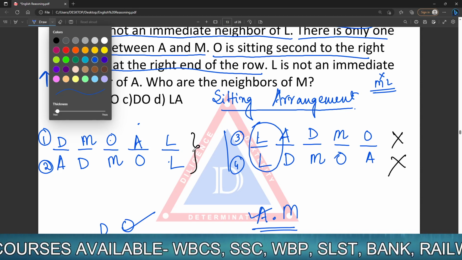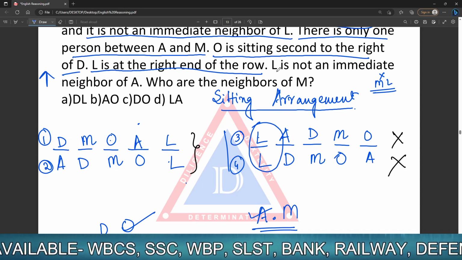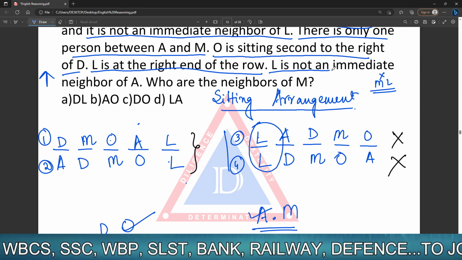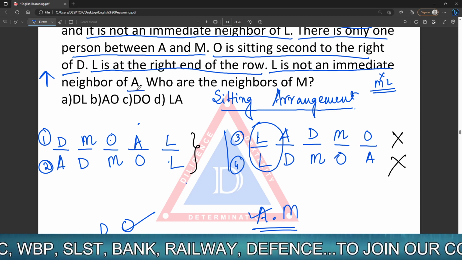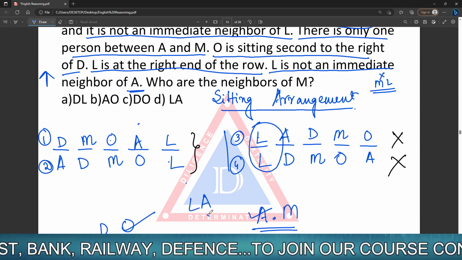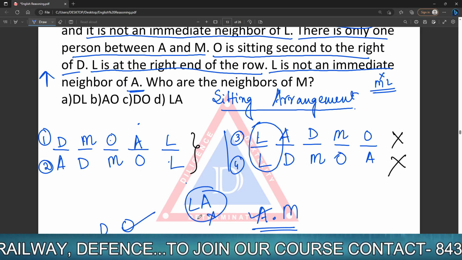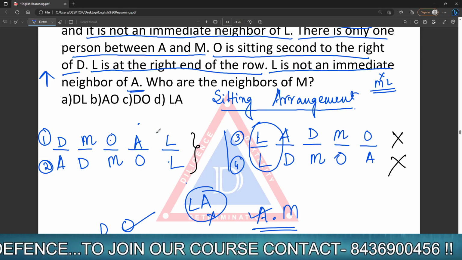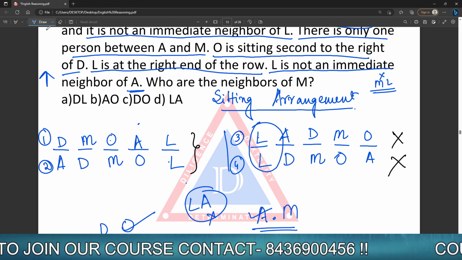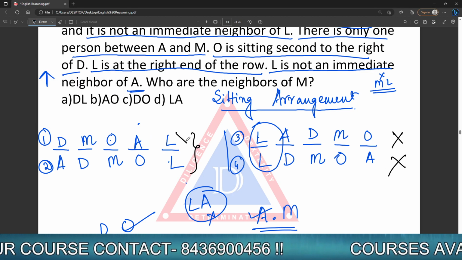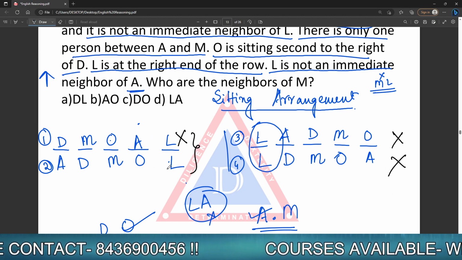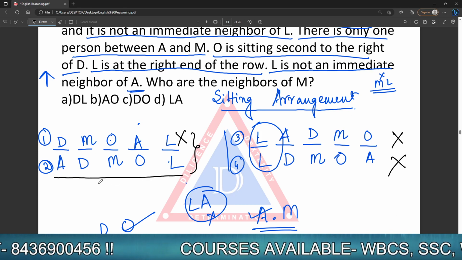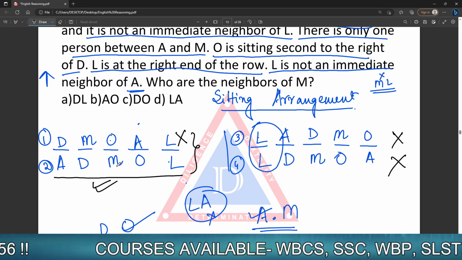The last line says L is not an immediate neighbor of A. That means L and A are not adjacent to each other. In the first case L and A are adjacent, so the first case is also cancelled out. So the answer is possibility number 2, that is ADMOLN.